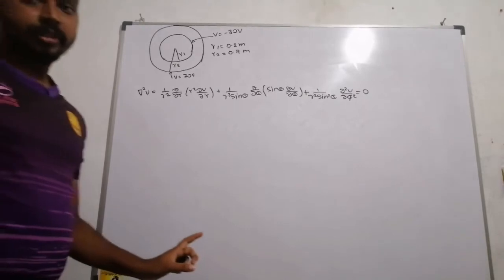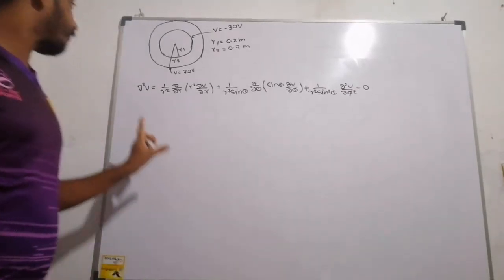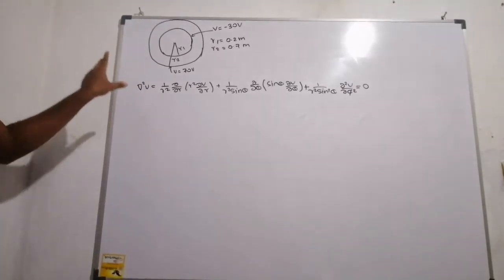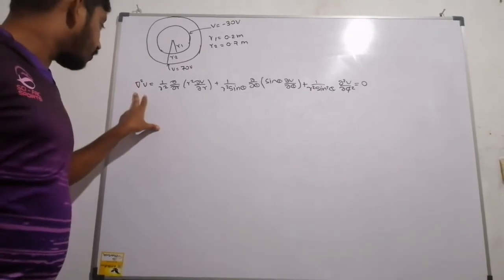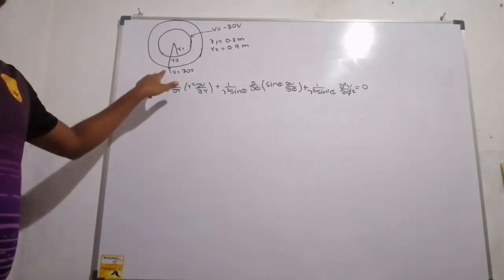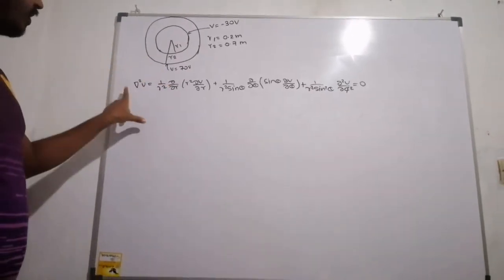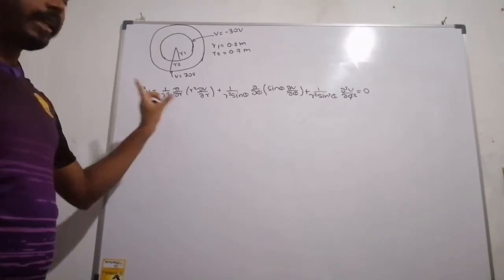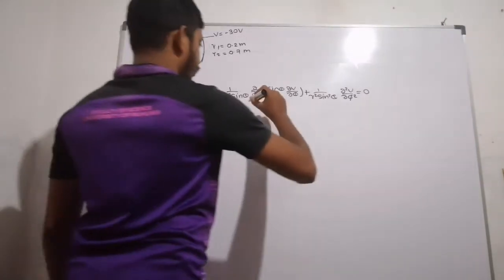But the important factor here is that the potential depends only on R. You get it? The potential depends only on R, that means the radius, so we can neglect these two terms.